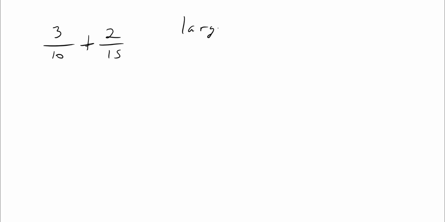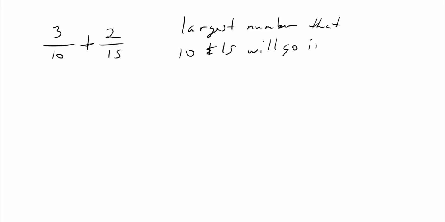So I'm just going to write this out: the smallest number that 10 and 15 will go into. Let's start out. If I multiply 10 times 2, it's 20. Does 15 go into 20? No. How about 10 times 3? That's 30. Does 15 go into 30? Yeah, it does.